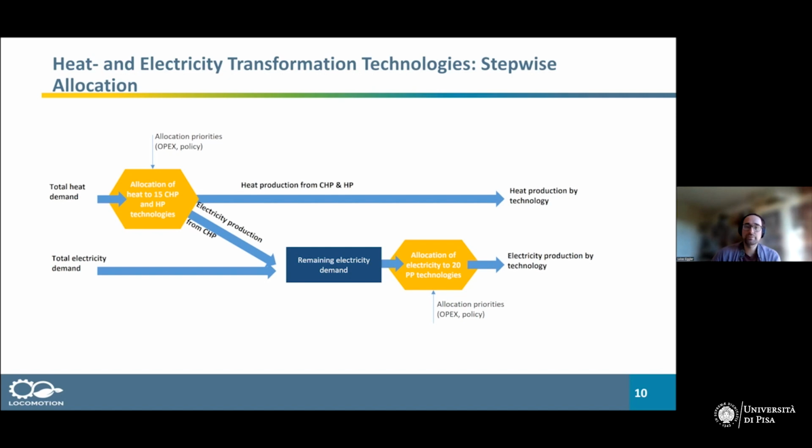And we also have policy assumptions, especially the CO2 price, which is very important. So this is our allocation priority. And you can also set it to exogenous, if you wish, or to a mix of endogenous and exogenous signals, as you prefer. So this is for the short-term dynamics, this allocation.